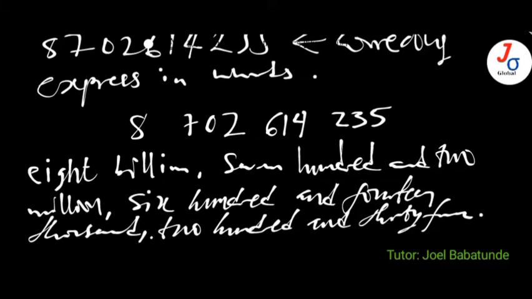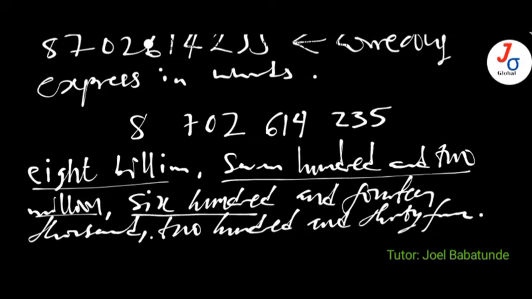So that's it. I'm going to write it as 8,702,614,235. So that's the way I'm going to write it. So let me take another example.